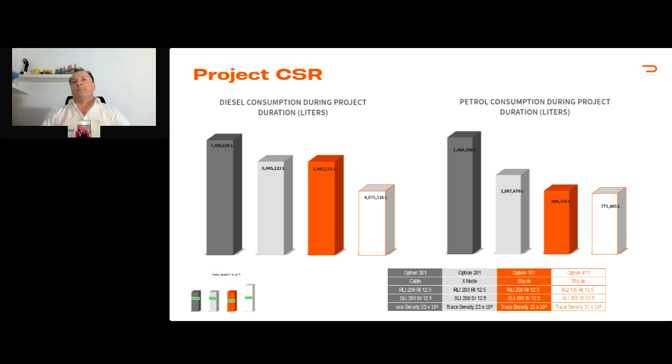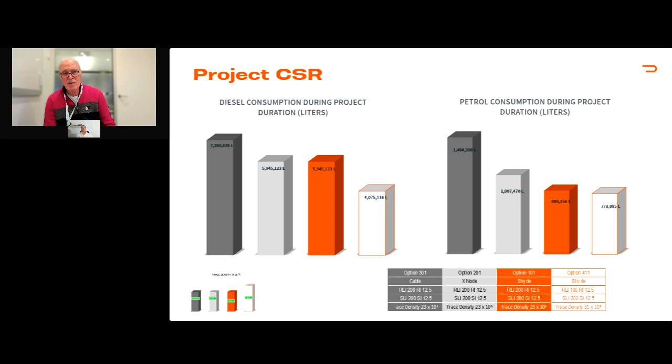Project CSR, corporate social responsibility, Claudio. Well, as we all know, this is becoming one of the main subjects that all companies, especially the majors, are actually pushing for optimization in this respect. And the fact that we are using fewer vehicles, of course, not when we're considering the vibrators because they are the same.